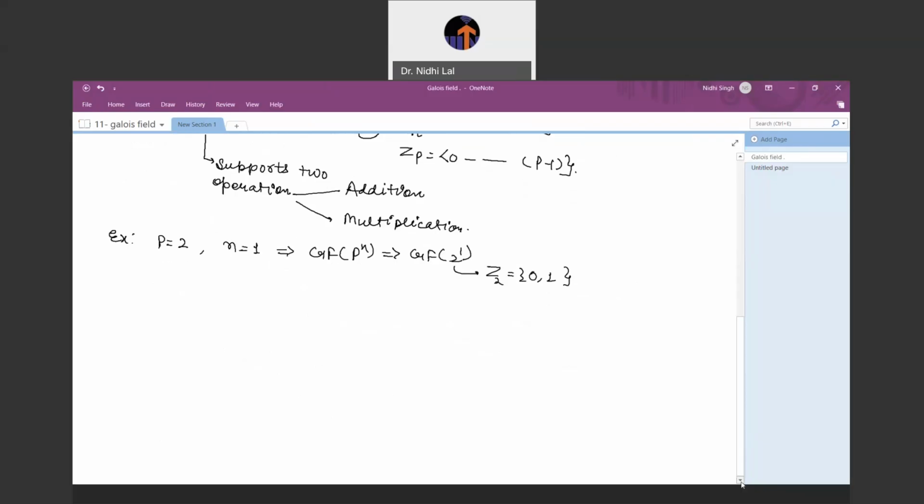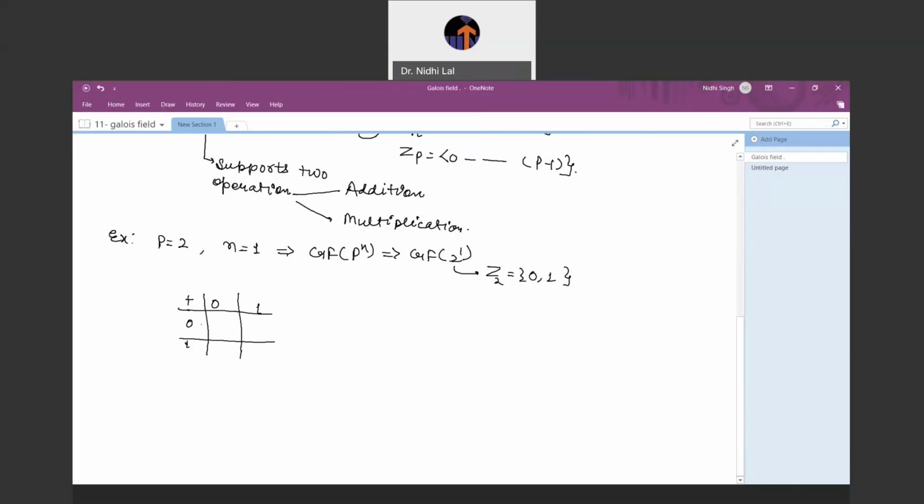Now we have to perform the operations. The first operation is addition. Only two numbers are there, that is 0 and 1. Where addition takes place, you have to perform the XOR.